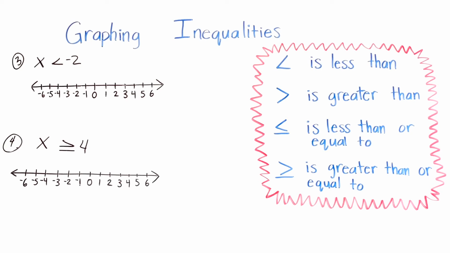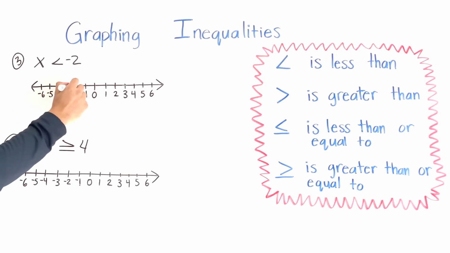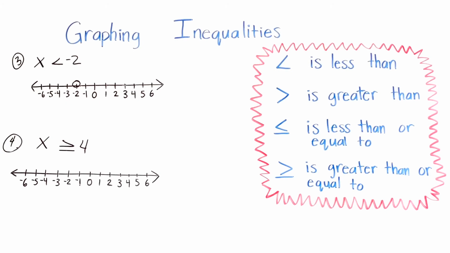Okay, so for number 3, we have x is less than negative 2. Remember, if it's less than, we're going to have an open circle. We always start on the number, so we look for negative 2. Negative 2 here, and it's going to be an open circle.